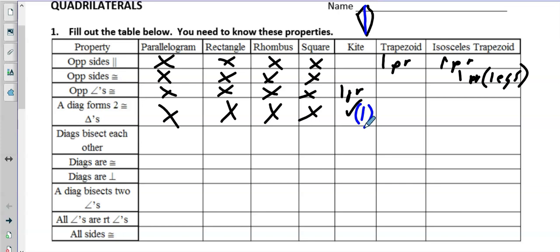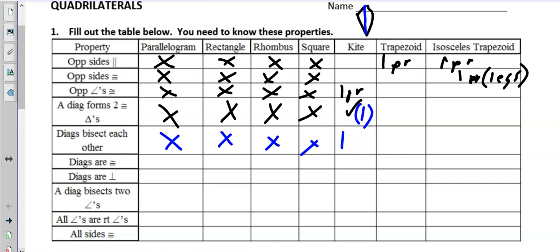The diagonals bisect each other. Again, the standard four. And then again, only one pair of them. In this one, it's kind of tricky. Again, I shouldn't really say one pair.